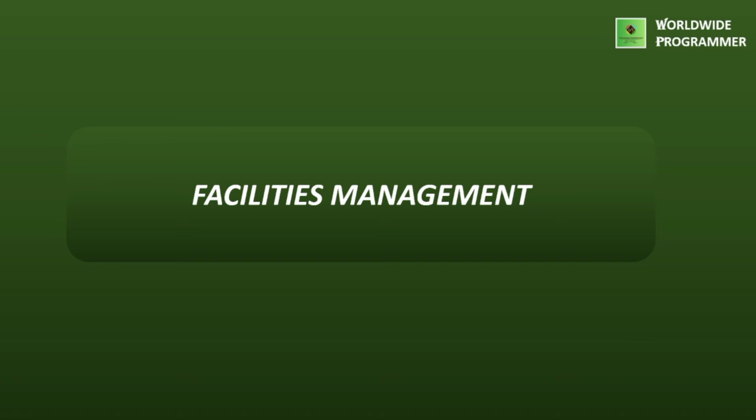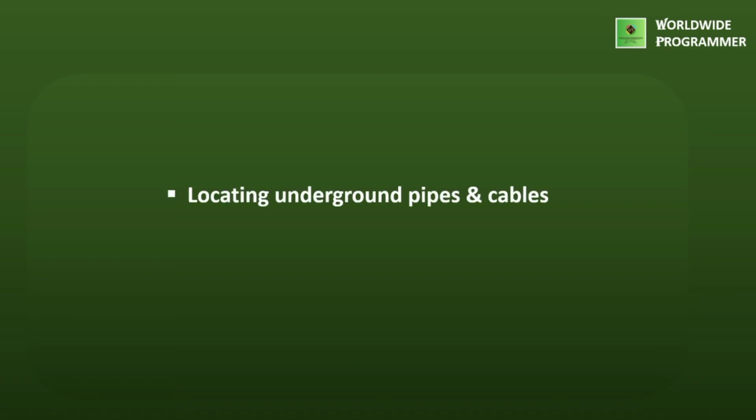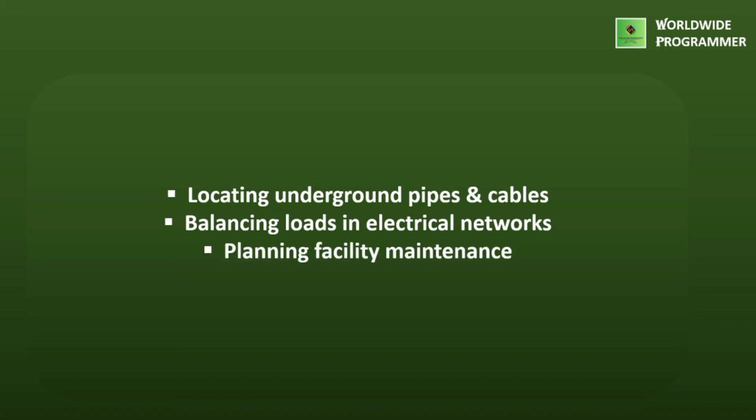Another of the largest areas of application is in facility management, and those are locating underground pipes and cables, balancing loads in electrical networks, planning facility maintenance, and the last one is tracking energy use.